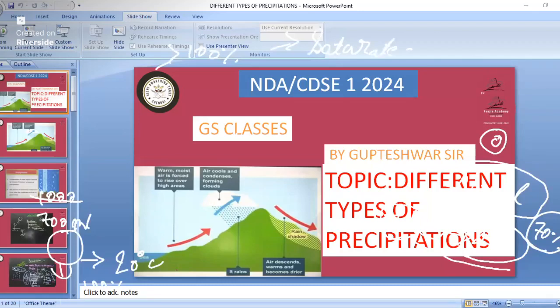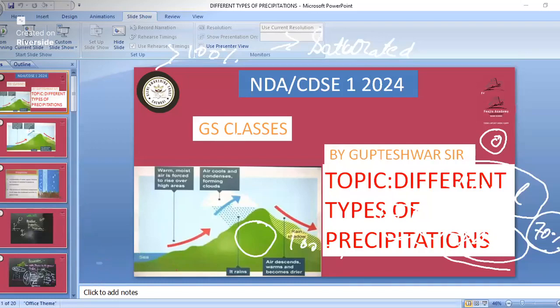After saturation they will start settling on the dust particles. As we go up, temperature decreases. When it reaches 20 degrees Celsius, its capacity is 70 ml, so it attains saturation, the 100%. Then they will start settling on the hygroscopic nuclei and condensation will start. So this is about relative humidity.